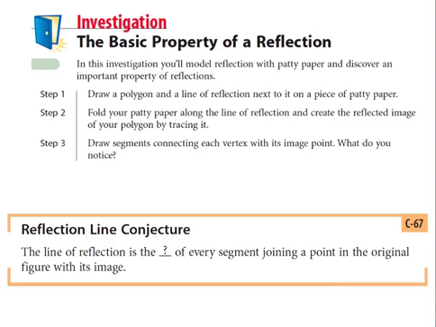The line of reflection is the blank of every segment joining a point in the original figure with its image. Think bisector. Perpendicular bisector. Okay? So it's actually the perpendicular bisector of every segment.